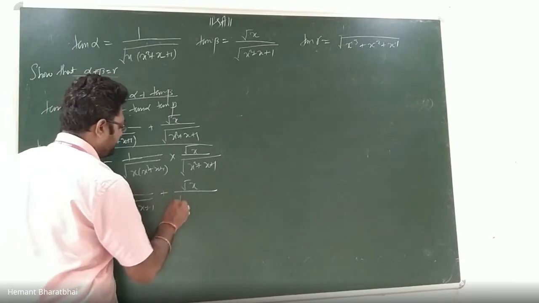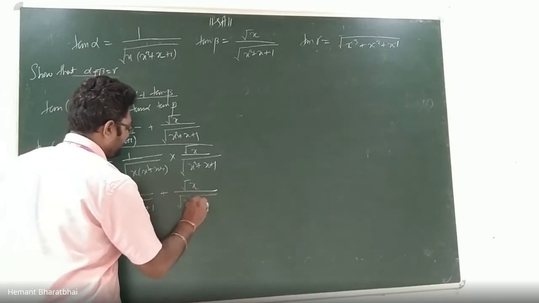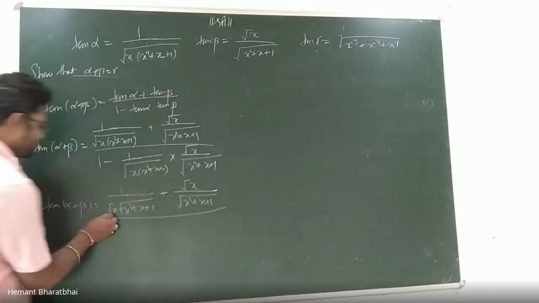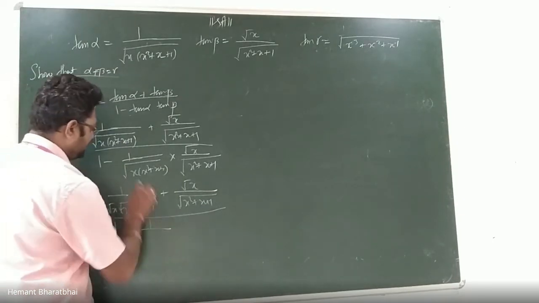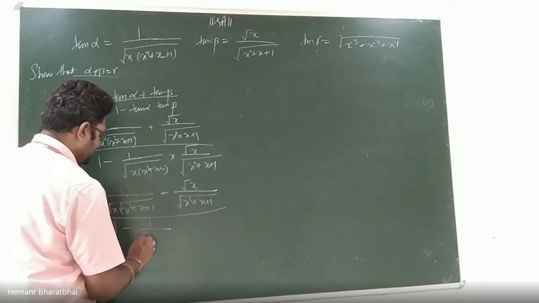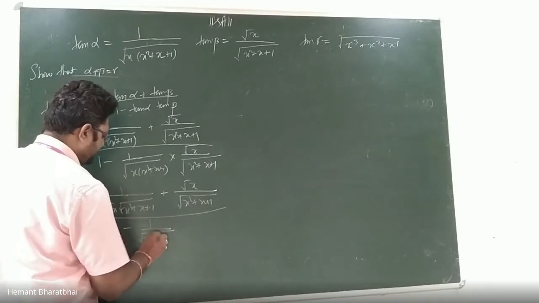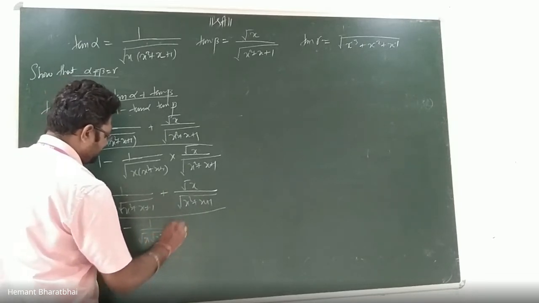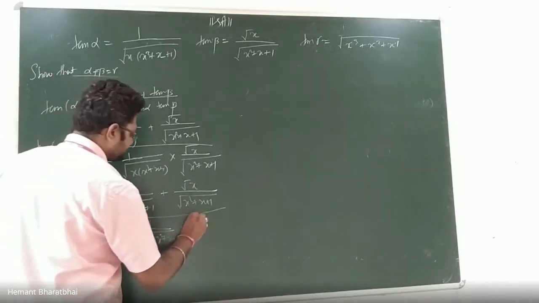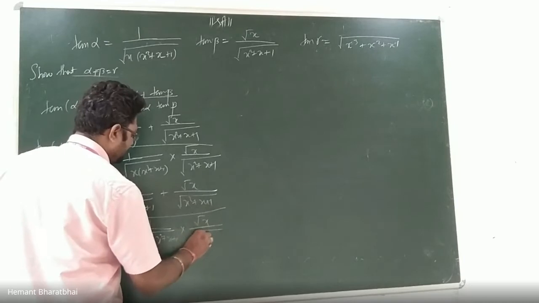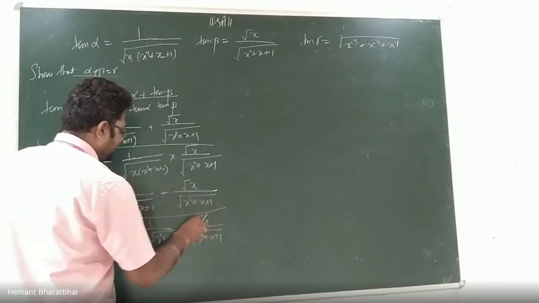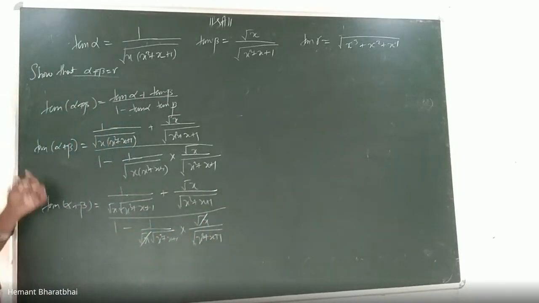X upon under root of x square plus x plus 1. The whole upon 1 minus 1 upon this, split in the same way again, root x into root of x square plus x plus 1 into root x upon root of x square plus x plus 1. So this root x and here root x get cancelled because it is a multiplication.